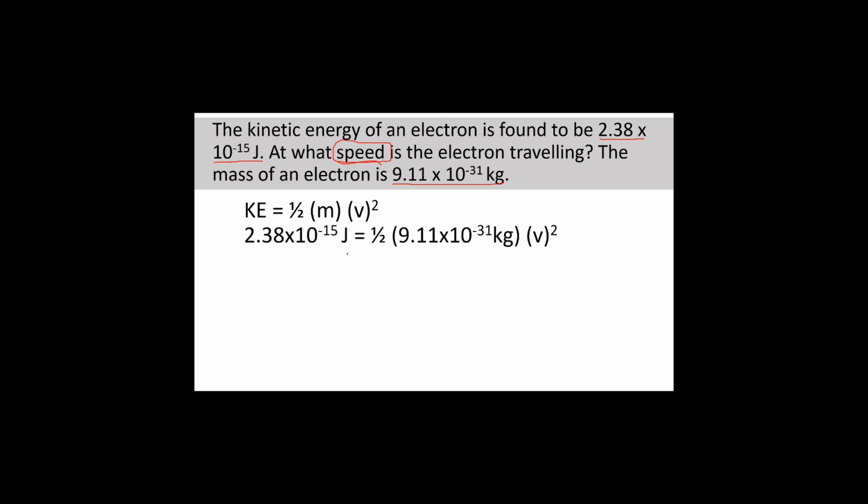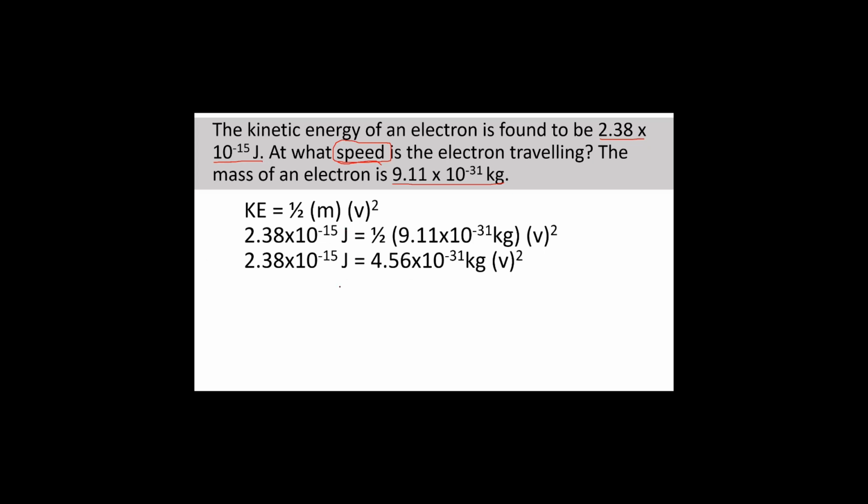Okay, so 1/2 of 9.11 is equal to 4.56 times 10 to the power of negative 31. After we multiply, we divide both sides by 4.56 times 10 to the power of negative 31, so that only the velocity is left.